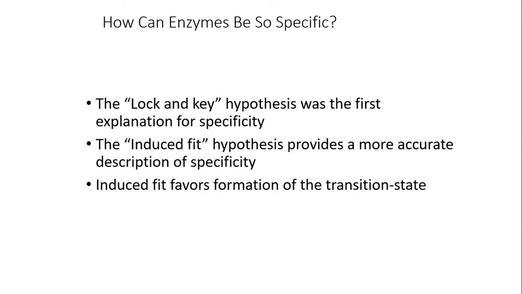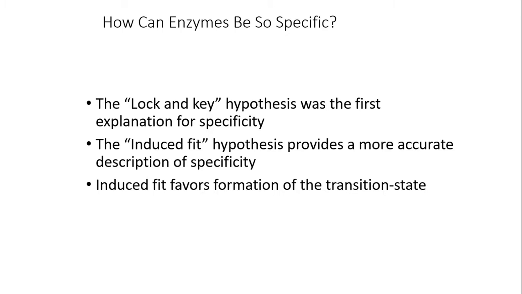In 1958, Daniel Koshland suggested the induced fit model, which actually provides a more accurate description of specificity and covers that transition state.